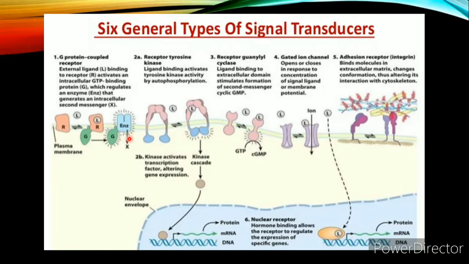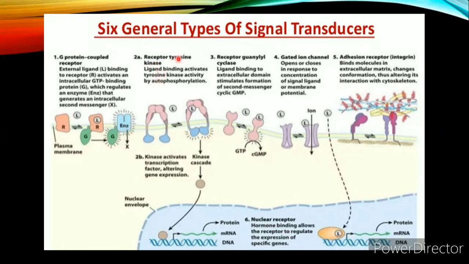Example of this mechanism is the beta adrenergic receptor. Also, vision, olfaction, and gustation are sensory systems that also operate through the G protein coupled receptor. This is about the G protein coupled receptor, their mechanism and example.